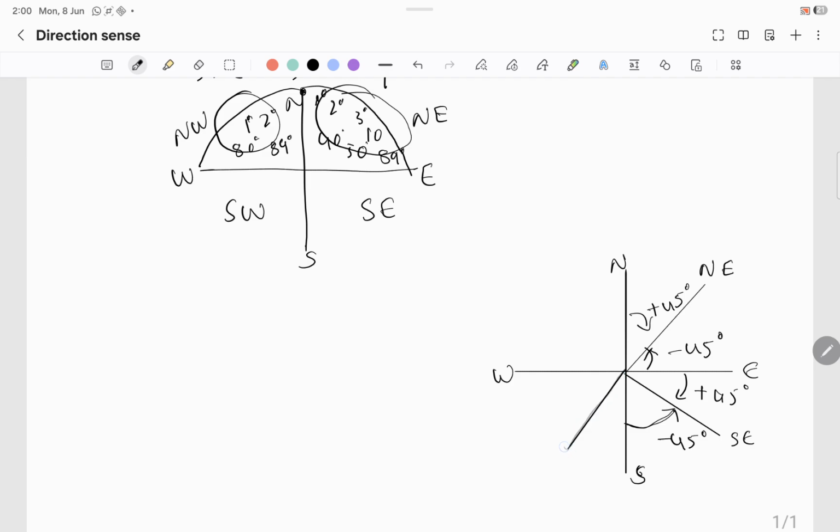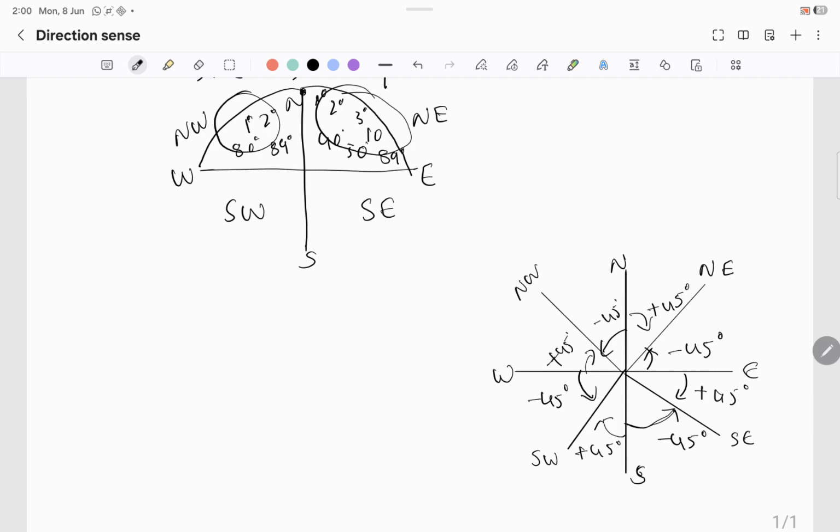From south clockwise 45 degrees is southwest, or from west anti-clockwise 45 degrees is southwest. Then from west clockwise 45 degrees is northwest, or otherwise from north anti-clockwise 45 degrees is northwest.